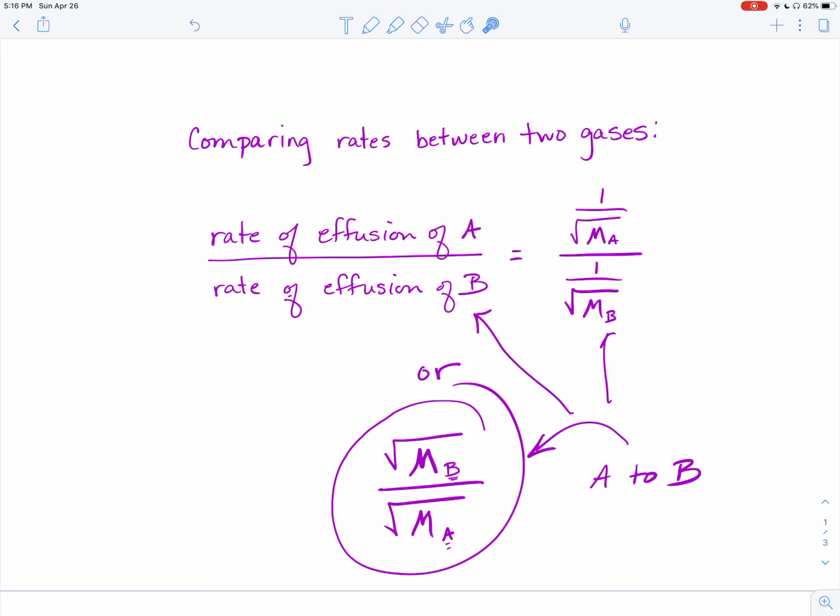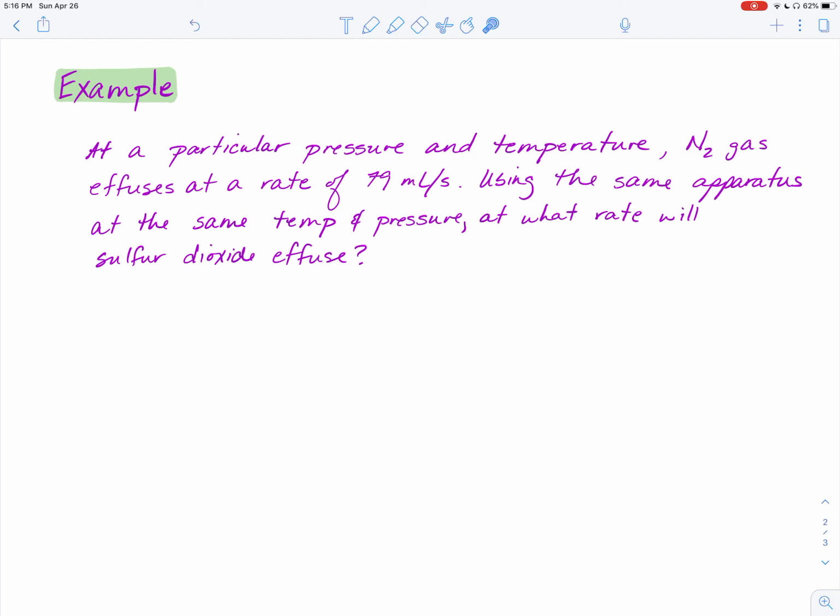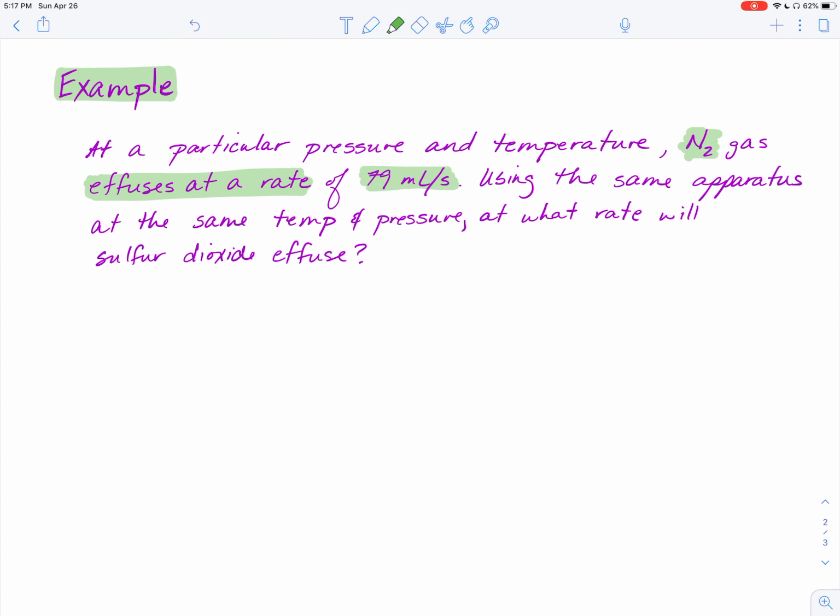Let's use this idea to help solve a problem. Here we say at a particular pressure and temperature, we don't really need to know what that is, nitrogen gas effuses at a rate of 79 milliliters per second. So now we are given an effusion rate, not the molar mass, although we would know the molar mass because we have the formula.